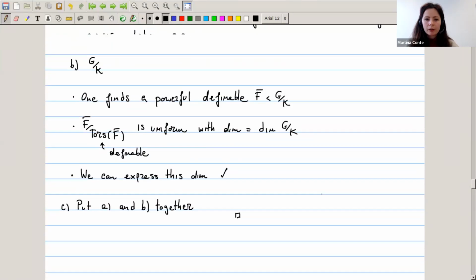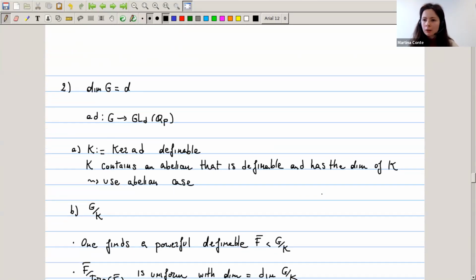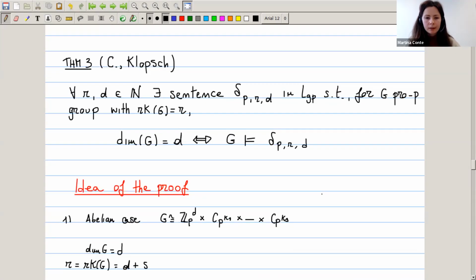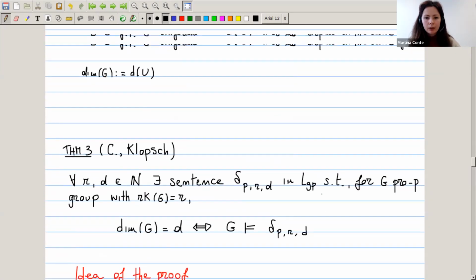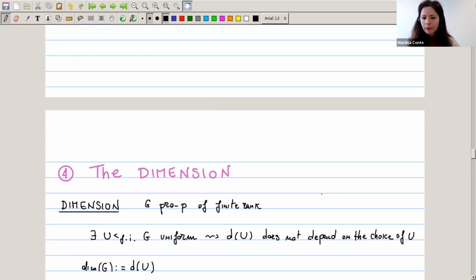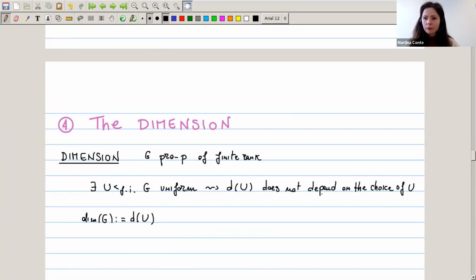This is what is called the pro-p rank. There are also other notions of rank. This one, about the number of generators of subgroups, is the pro-p rank. And I don't know of any geometric interpretation of it. I don't know if someone else can say something about it.